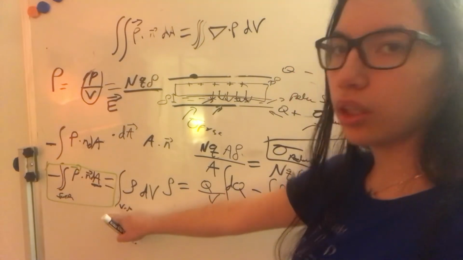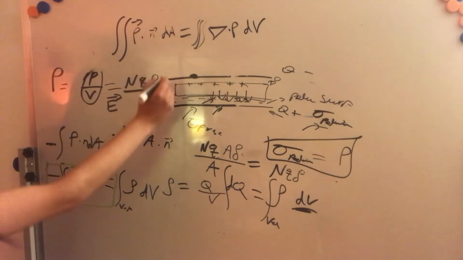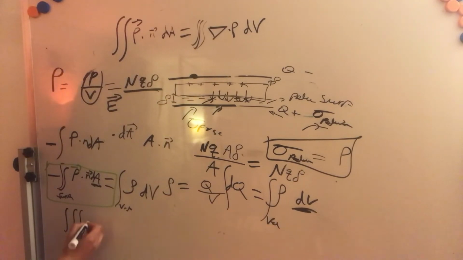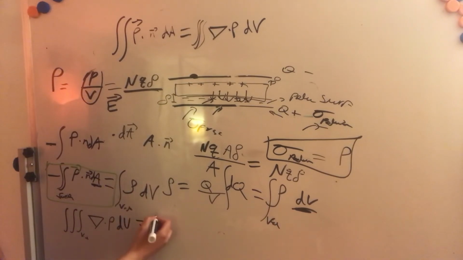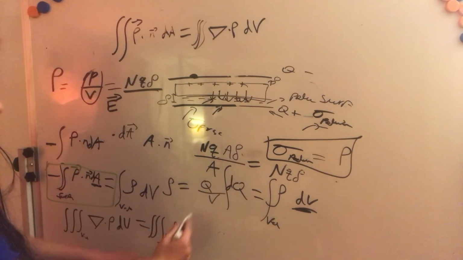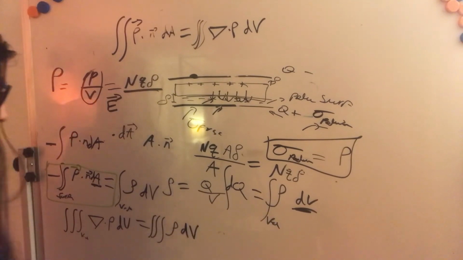So here we can write the volume integral of the divergence of the electric dipole moment per volume dV is equal to the volume integral of the density of the charges induced times the volume.